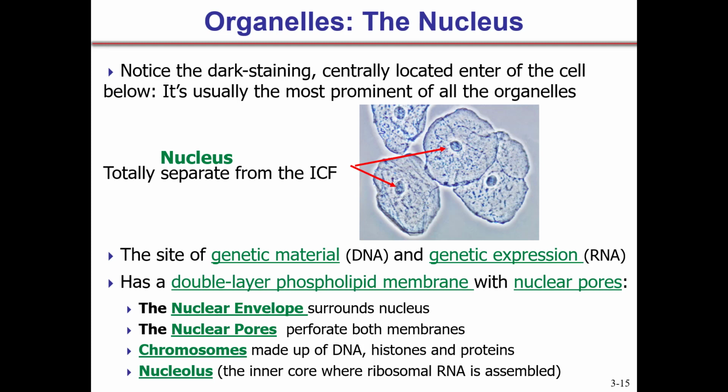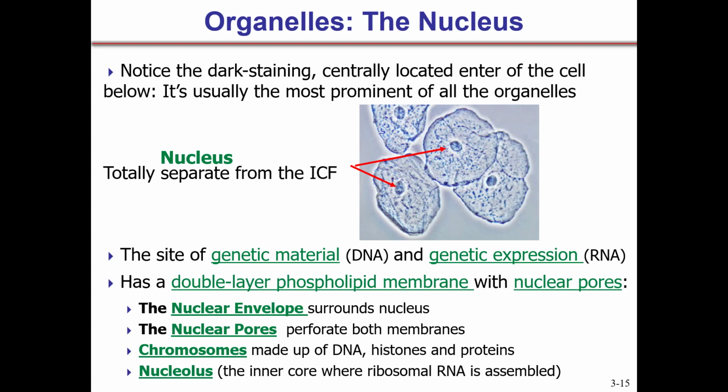We can see that there's definitely some stuff inside these cells. We need a little bit more power to look at the organelles, but we can definitely see there's stuff inside the cytoplasm. And then we can see a distinct membrane. So each cell has its own border or barrier. So the fluid outside the cell is distinct from the fluid compartment inside the cell.